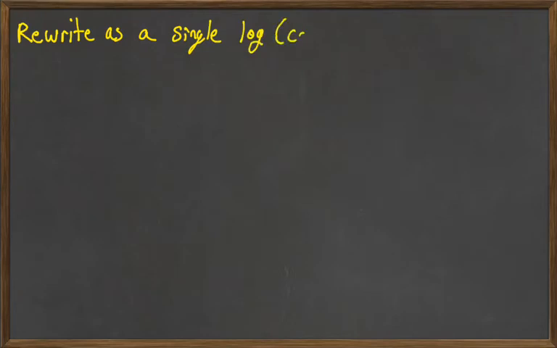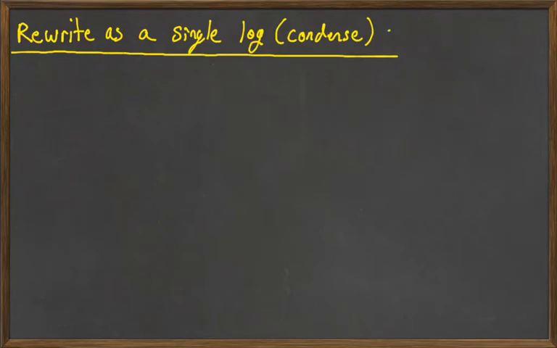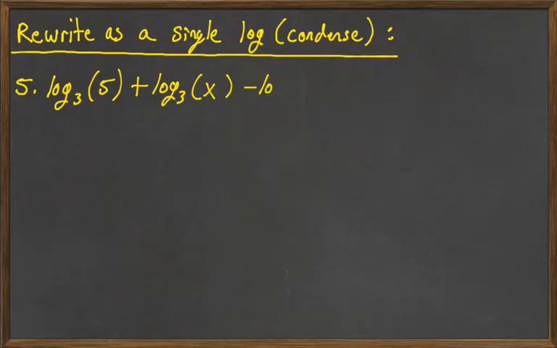And oftentimes they'll refer to this as condensing or condense. So we're going to look at log base 3 of 5 plus log base 3 of x and minus log base 3 of 4, and not 0.4. Let's make sure that doesn't look like a 0.4.